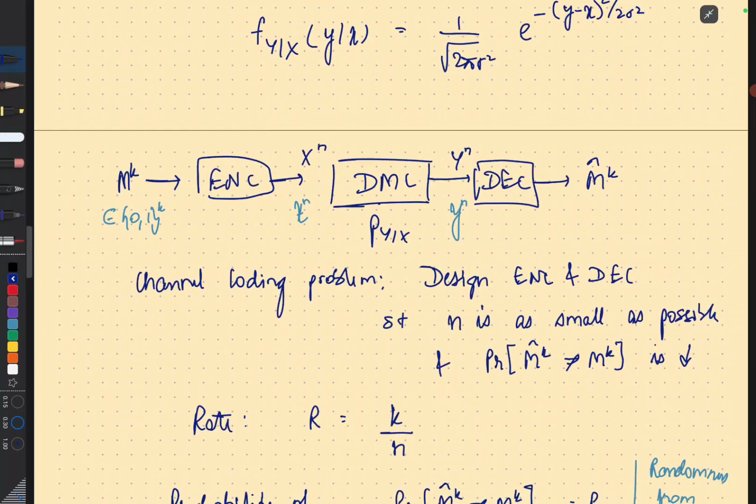Yeah? Why 1? K is log cardinality of X. Correct. So basically it's log cardinality of X, because I've not assumed anything else. I haven't assumed that the input alphabet is binary. So the maximum possible rate that you can achieve is log of cardinality of X, not any more than that.